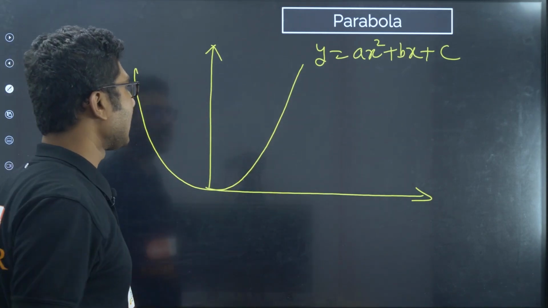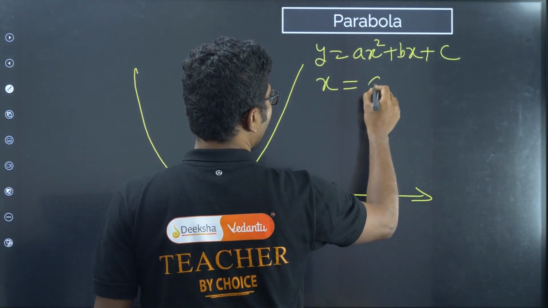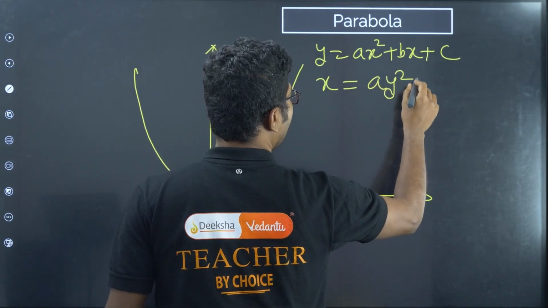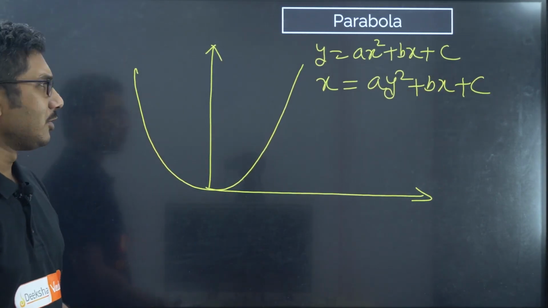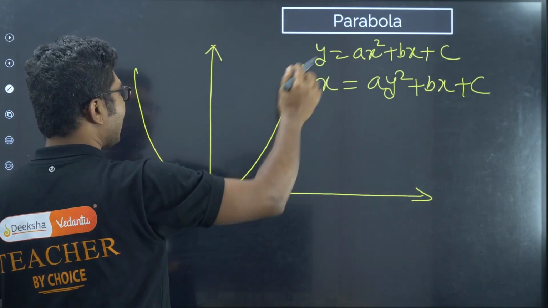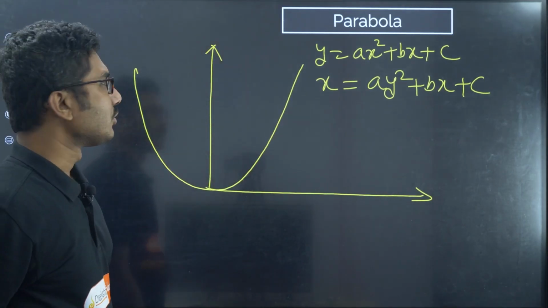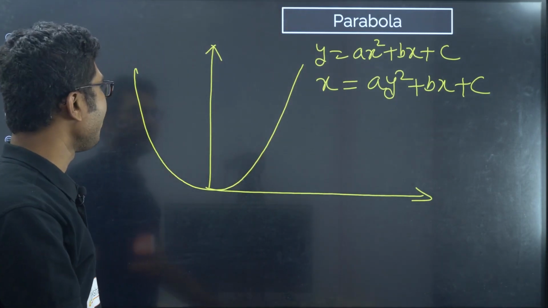So either this, or you can write this as x equals ay square plus by plus c. Both are equations of a parabola. Based on what you are writing, either it will be y equals to, or it will be x equals to. So based on how they are changing, you can write the equation of a parabola.